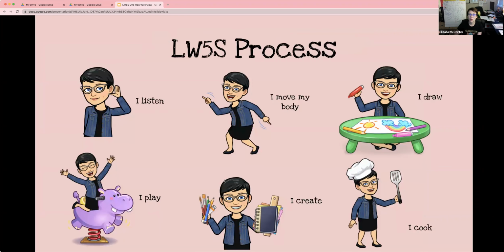So here is our process. Listening comes first. It takes about 300 hours of listening before a person from birth to age 8 can spontaneously produce language, and then it comes out slowly.